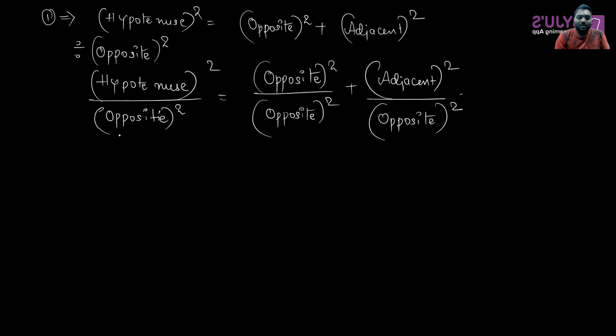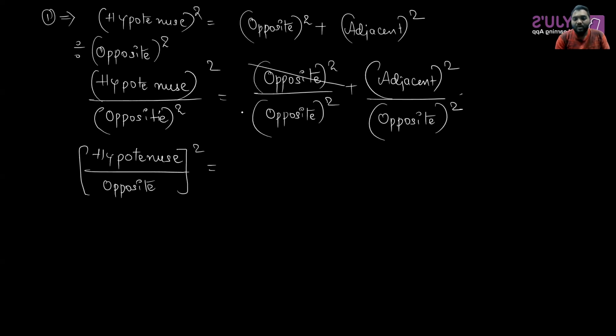Now just see hypotenuse whole square divided by opposite square. You can write this ratio as hypotenuse divided by opposite whole square, and this is equals to, opposite square will get cancelled, 1 plus adjacent divided by opposite whole square.